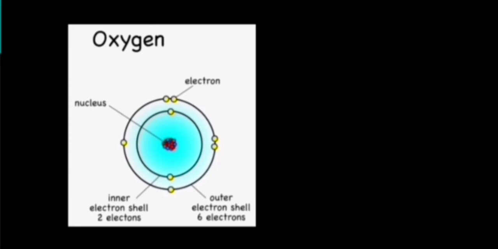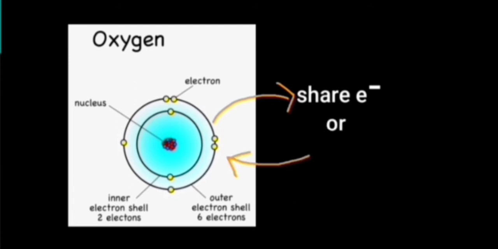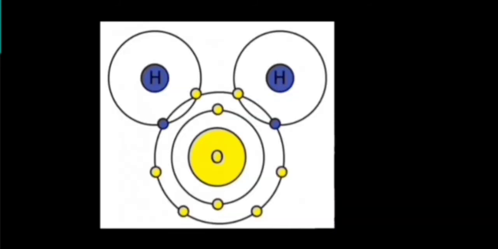In this oxygen atom, the electronic configuration is 2, 6. So the outermost shell has 6 electrons. For this, either it will share electrons or it will borrow, but borrowing will be easier for it. So to obtain stability, oxygen needs 2 more electrons in its outermost shell.